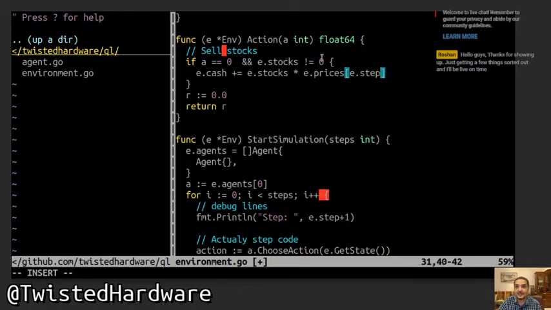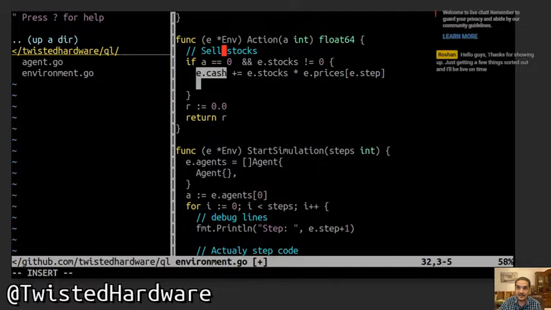So I'm taking the current step that I'm in, I'm taking the price of today, multiplied by how many stocks we have, so this is how much money that we will make, and I will add it to cash. Then I will make my e.stocks equal to 0. So basically we don't have any more stocks.